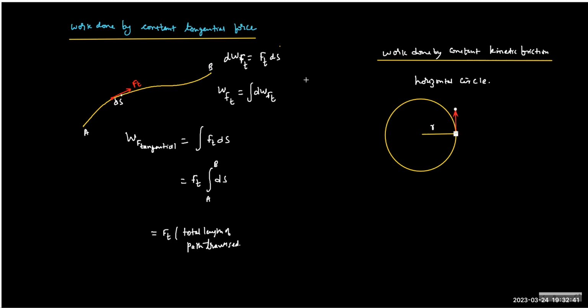So at any instant, if your velocity is like this, what will be the direction of friction? Exactly opposite, right? And the value of friction will be mu into N, which is mu mg, simply mu k. So if you go from here to here, work done by kinetic friction from A to B will be how much?